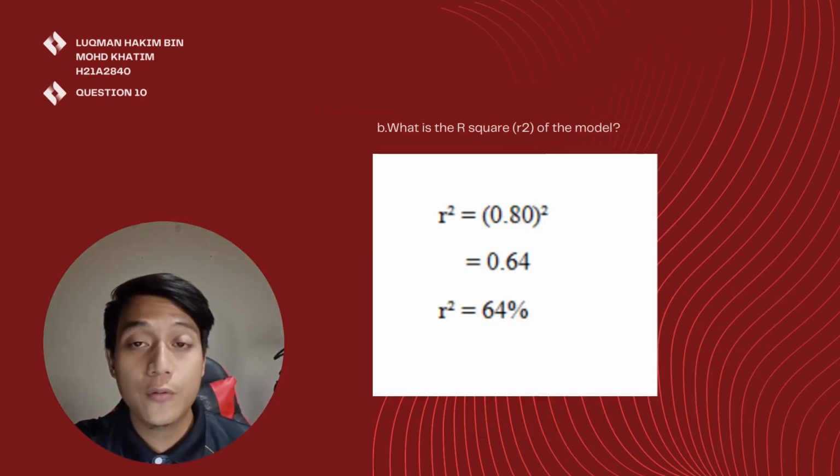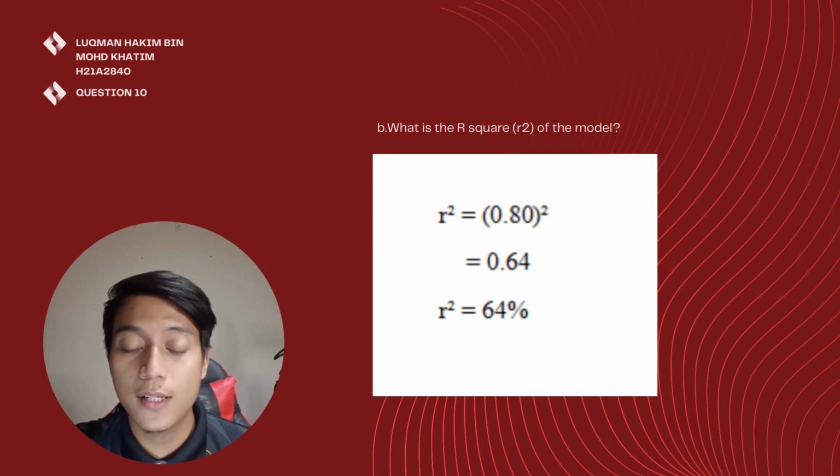I will continue with question number 10B. What is the r square of the model? For the r square, we use the answer from 10A, which is 0.80, and we multiply it by the same number, 0.80, or 0.80 squared, and we get the answer 0.64.